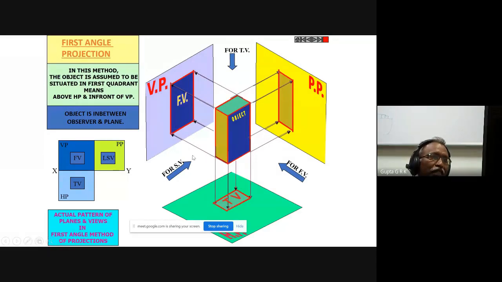Now you can see for side view, I am seeing from the left side, and the image is coming on the right side. And when I rotate the profile plane to that side, the left side view comes onto the right side. Is that clear? And this top view, which is coming here, is rotated and comes to the bottom. So top view comes below, left side view comes onto the right side, right side view comes onto the left side. Okay, so this is first angle projection.